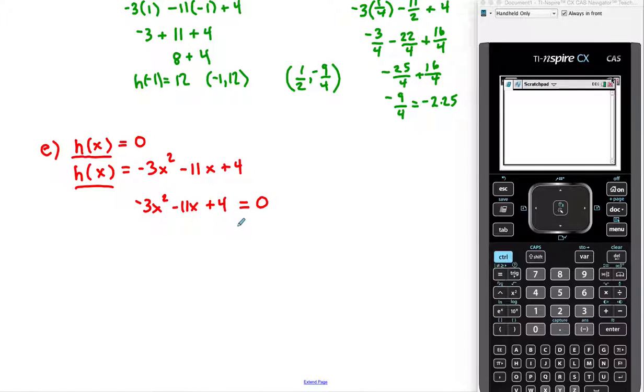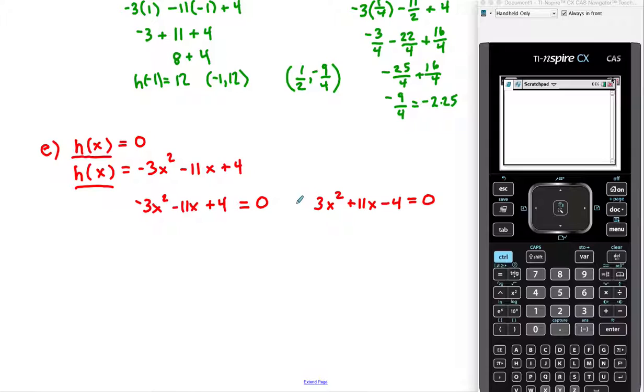So we want to factor here. A couple ways we could go about doing that. You could do this, or if we wanted to, we could actually multiply everything times a negative and flip our signs around here, and you'd see that we would have 3x squared plus 11x minus 4 equals 0 too.